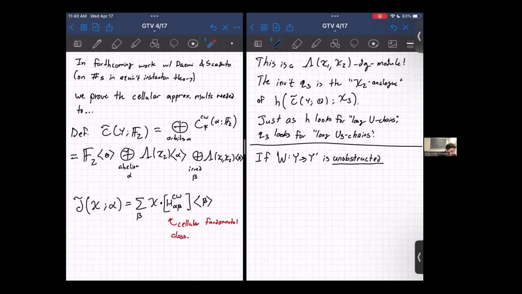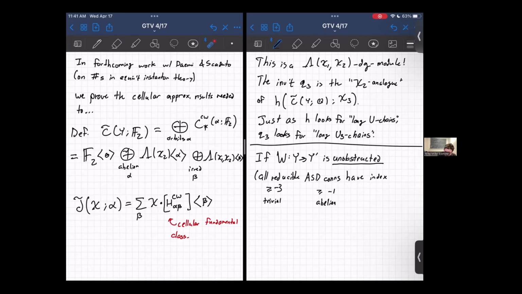A cobordism is unobstructed if all reducible ASD connections have essentially non-negative index, except for a correction term coming from how reducible those connections are.